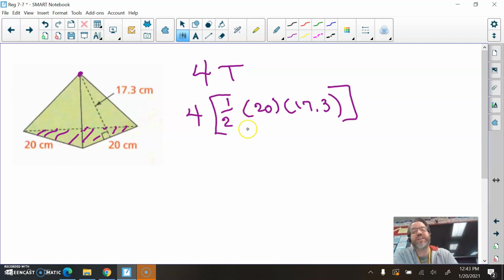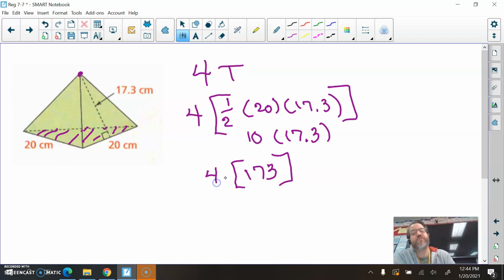All right, so half of 20 is 10. 10 times 17.3 is 173. Remember, when multiplying by 10, you can just move the decimal point to the right one space. So we have 173 is the area of one face.